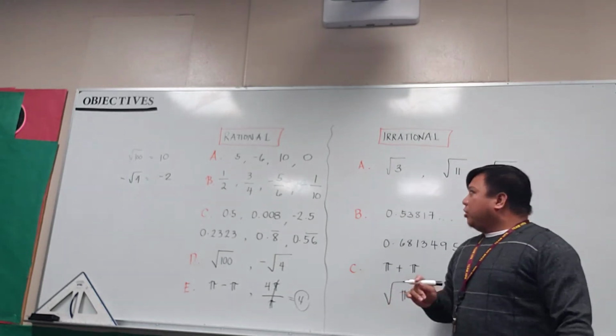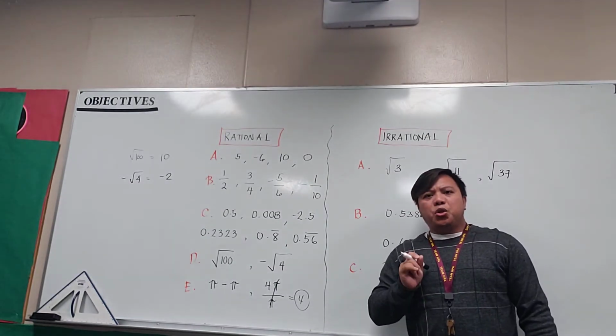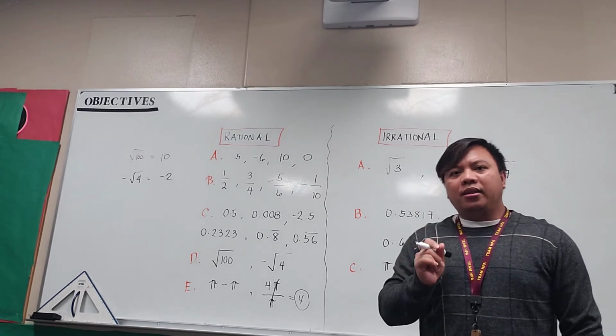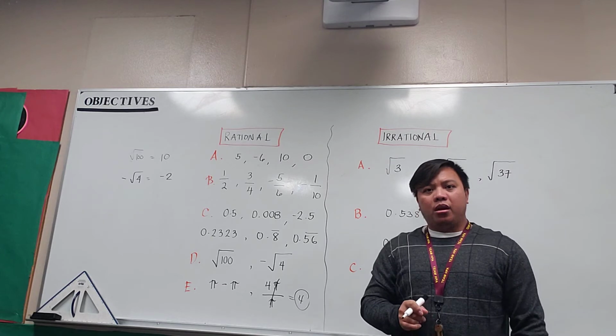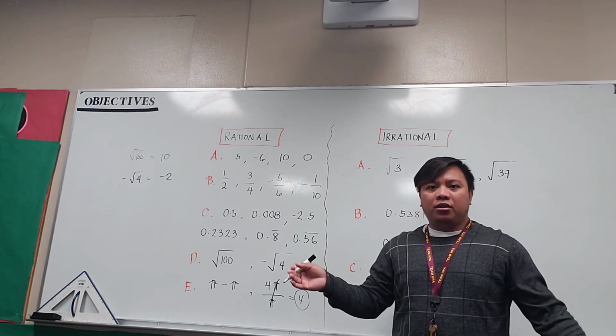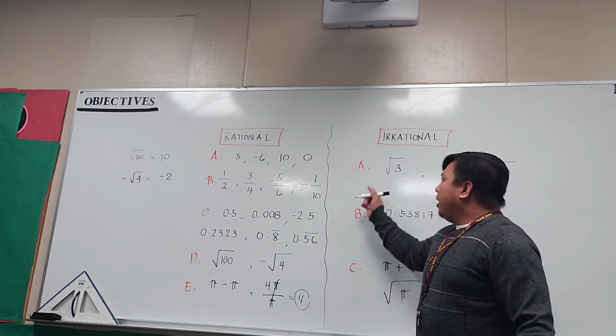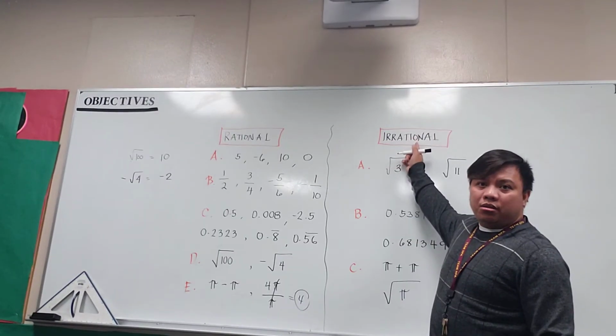When you take a look at square root of 3, can you identify two identical numbers that, when you multiply together, become 3? Definitely there's none. That's why it's irrational.